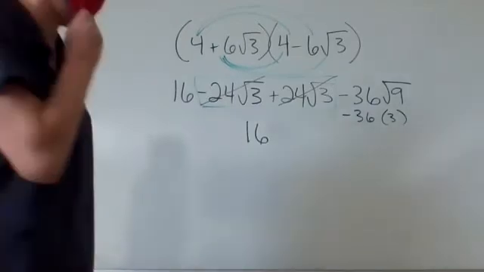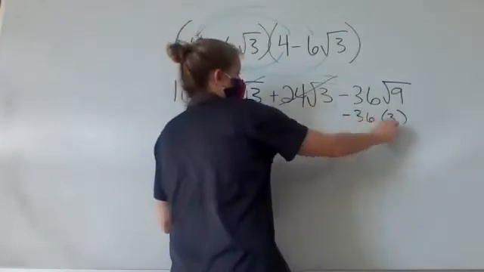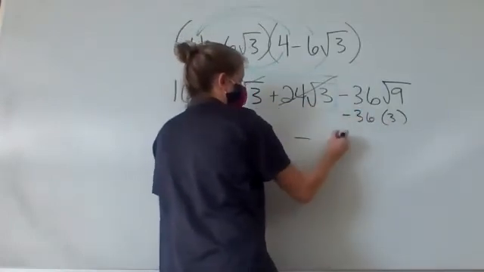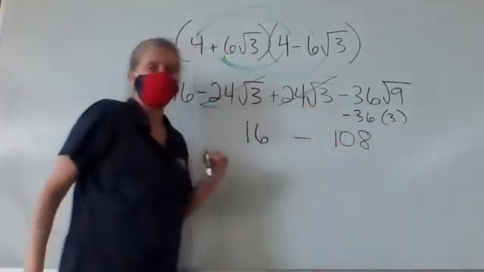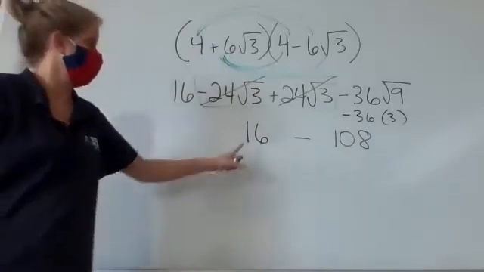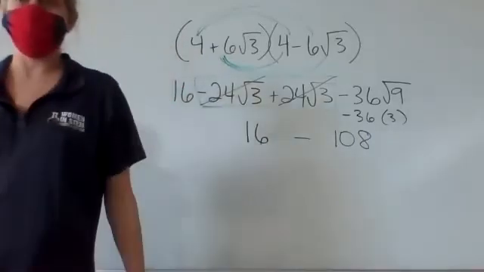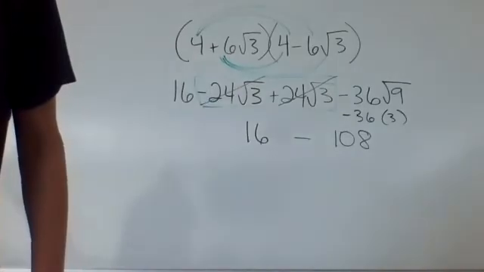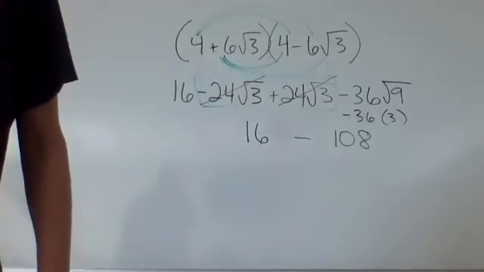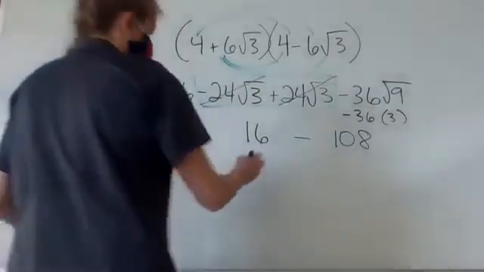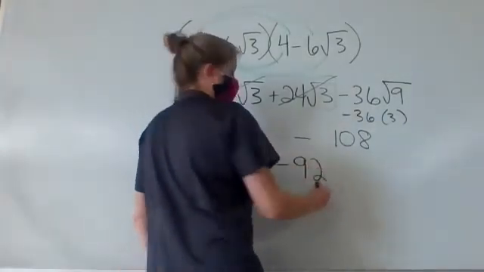It gives me negative 108. So all of this turns into minus 108. And can I do that? What is 16 minus 108? I don't know, but I'm not going to punch it in, right? 16 minus 108 gives me negative 92.